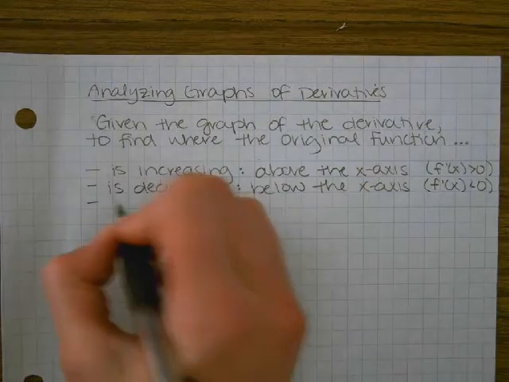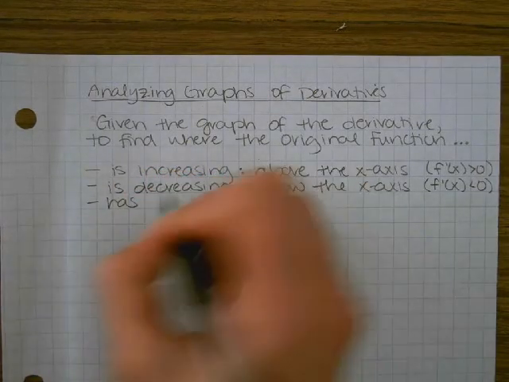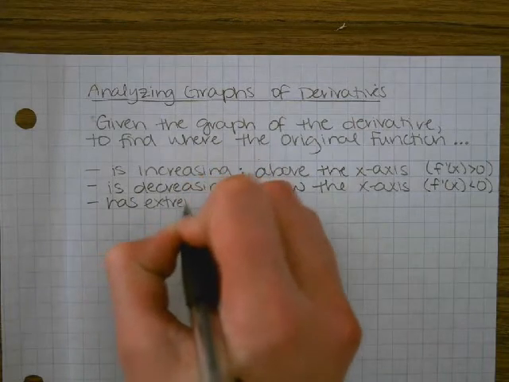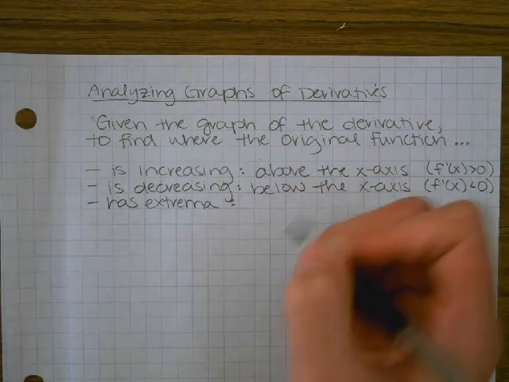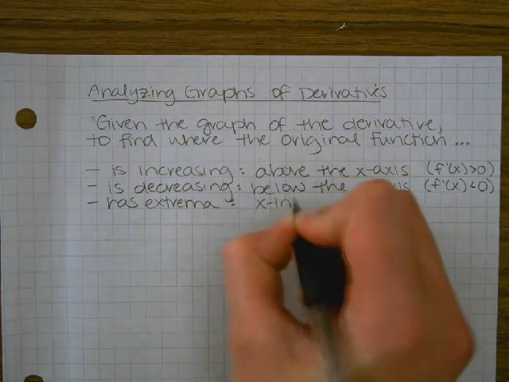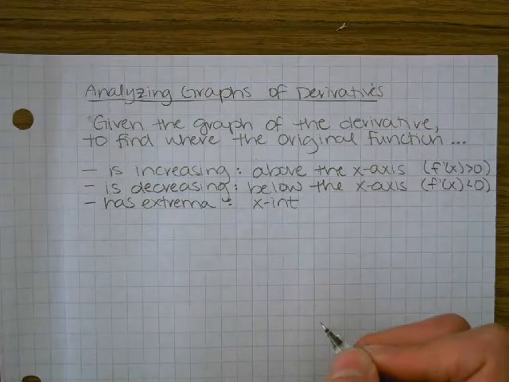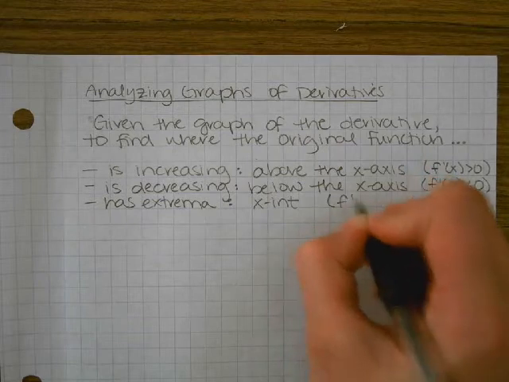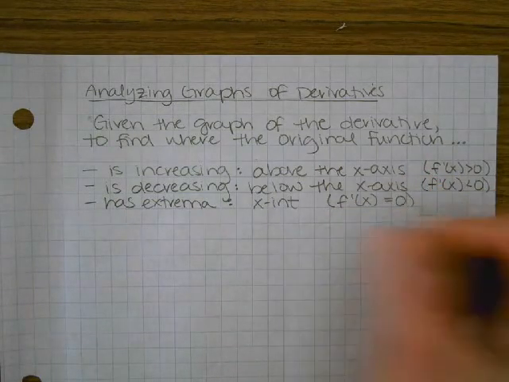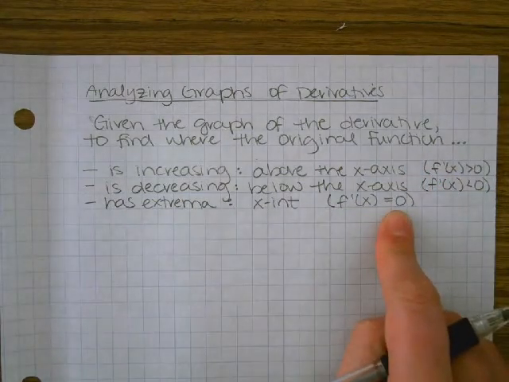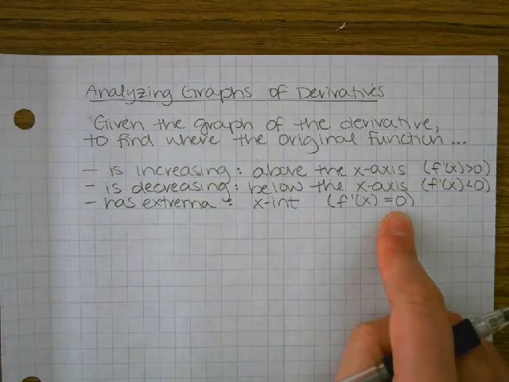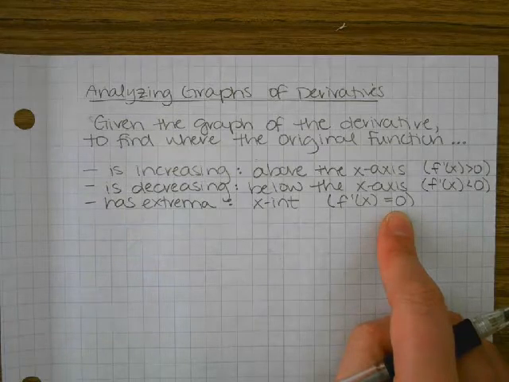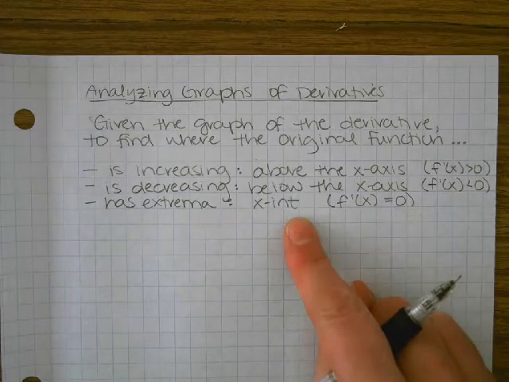If you want to know where the function has extrema, so local mins and maxes, absolute mins and maxes, you need to look at the x-intercepts of the derivative. And the reason for that is that the derivative equals 0 at those points. There's a horizontal tangent there. And we know that horizontal tangents, or slopes of 0, happen at high points and low points. So that would be x-intercepts of the graph.